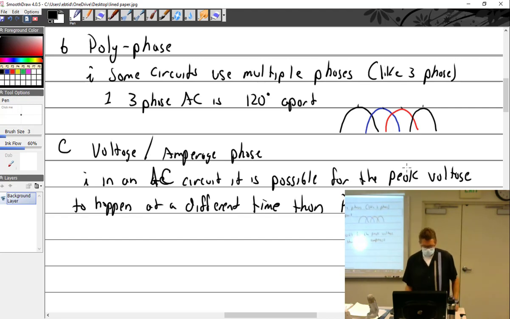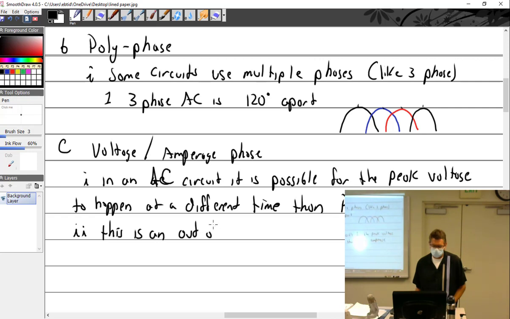If that does, it is called an out of phase circuit. That's not a good thing.